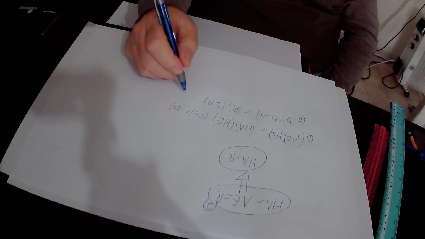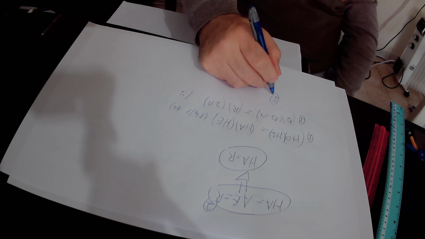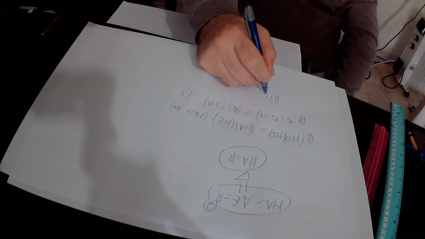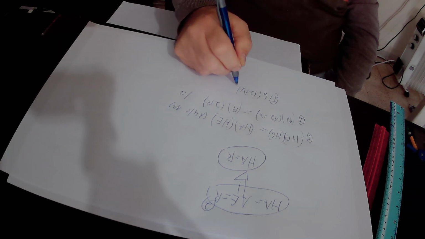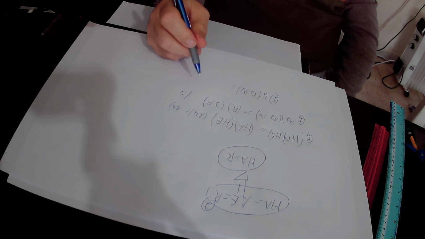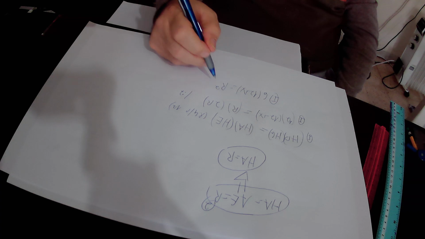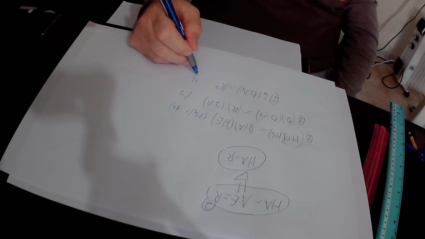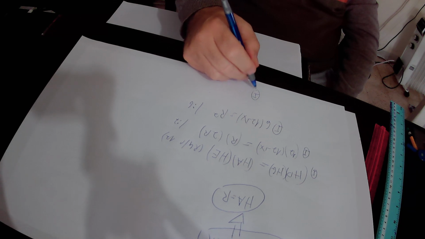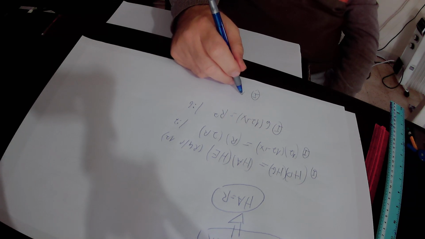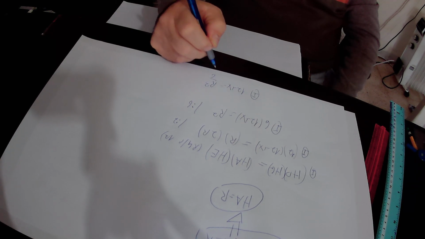Here we divide this equation 1 by 2, and we get that 12 over 2 is 6, so 6 times 12 plus x equals R times R, which is R squared. Here we divide this equation 1 by 6, and finally we get that 12 plus x equals R squared over 6.